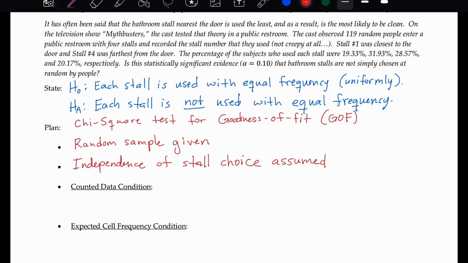So we're going to go ahead and use the first example there, which is they tell us that 19.33% of people used the first stall. So what we're going to do is we are going to calculate this out. We're going to go ahead and say stall 1. There's 119, and of them, we have 19.33 or 0.1933.